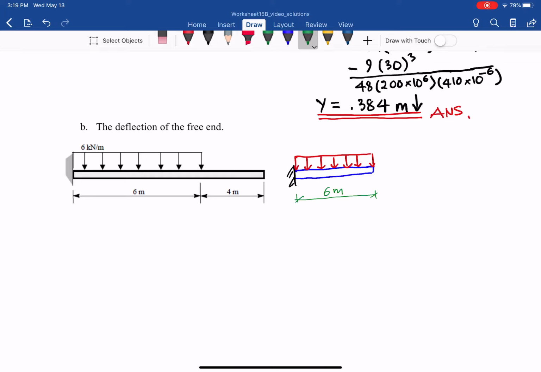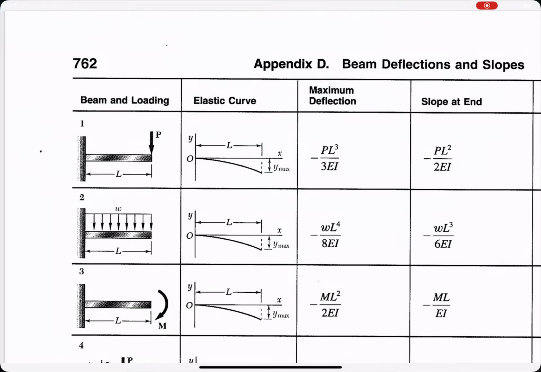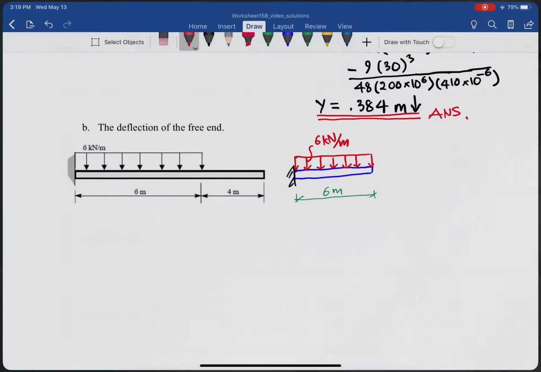That load is 6 kilonewton per meter. If the problem were like this, we could apply figure 2 directly. Unfortunately, the problem is not that way.